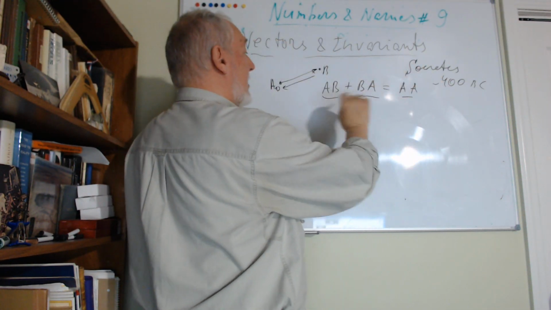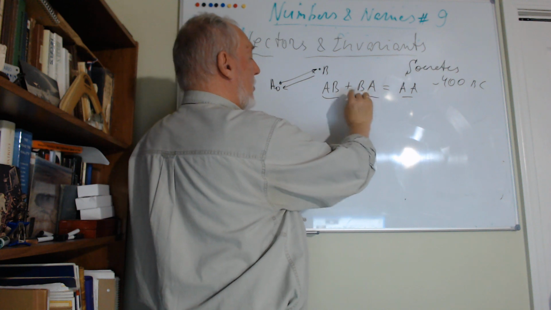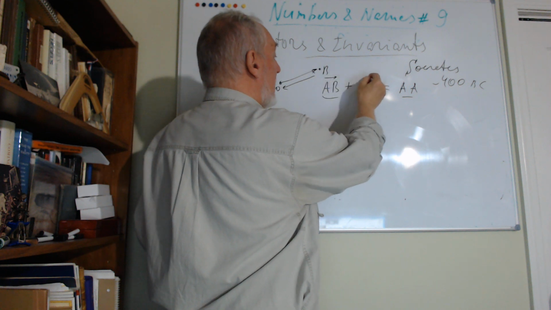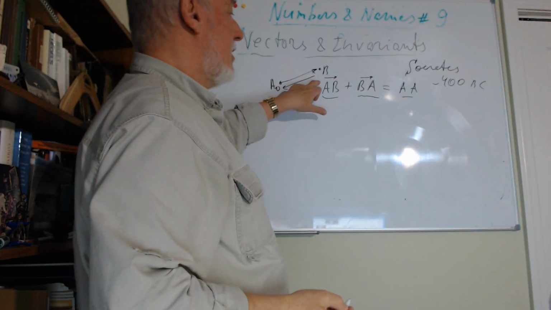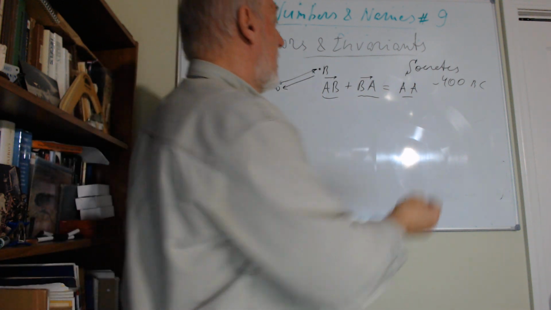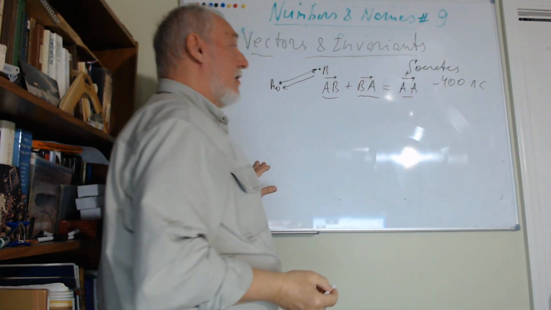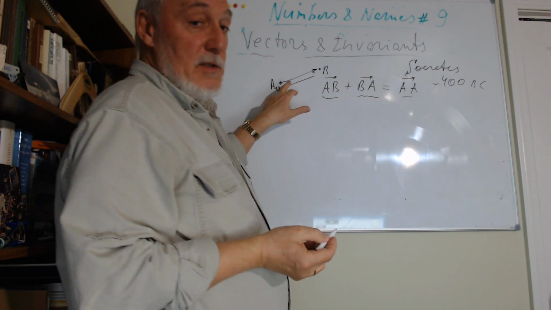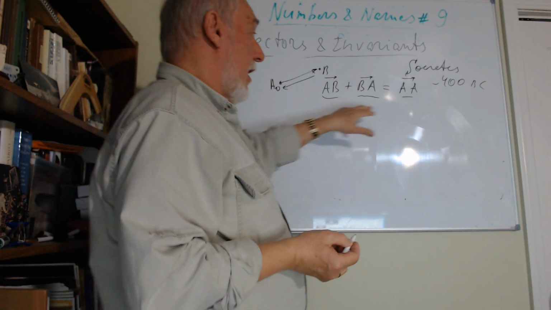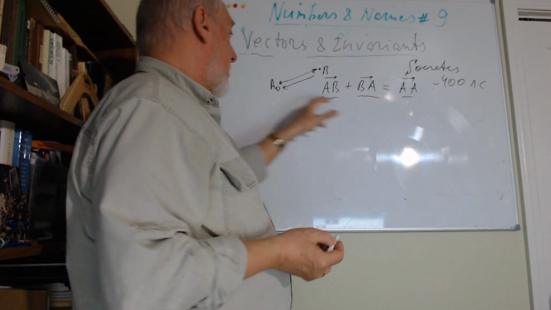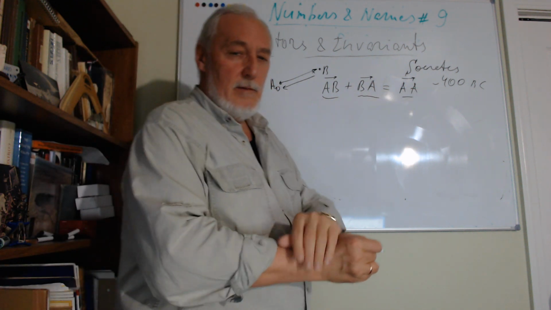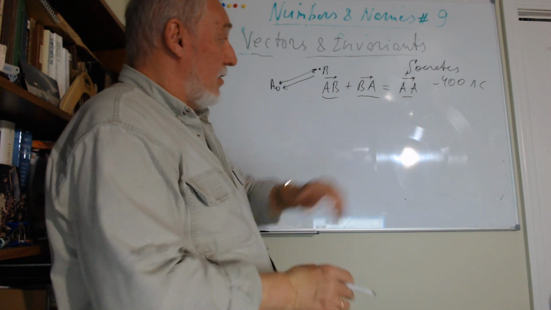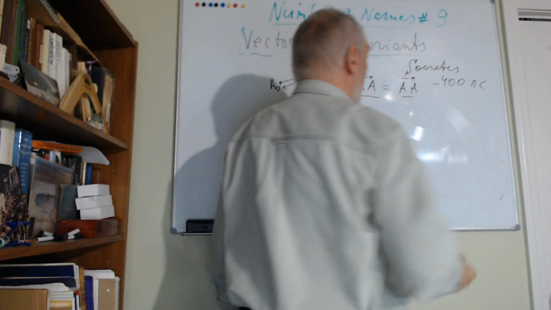But remember, sometimes it is already a vector. You write it as a vector, a pair. AB is a pair, BA is a pair. Sometimes they write like this to show that this is a vector. So AA is a vector, but it has null, so 0 length. You're still in the same place. Maybe it is a vector, but does it have a direction like AA? What do you think? No. These things are just standing in one spot, so maybe it's a vector, but it's a very weird vector.